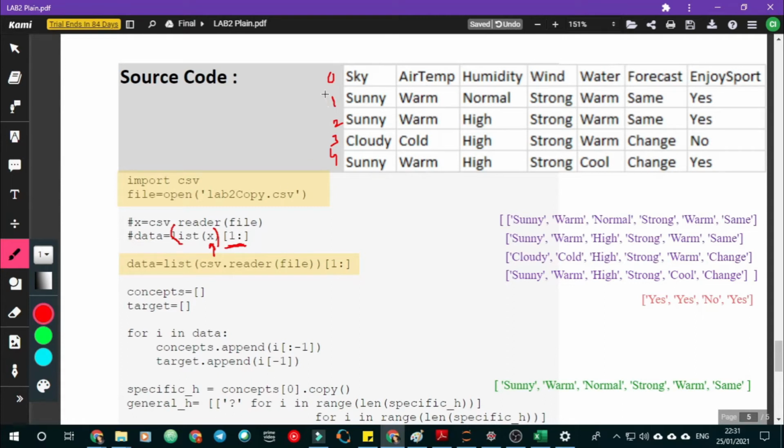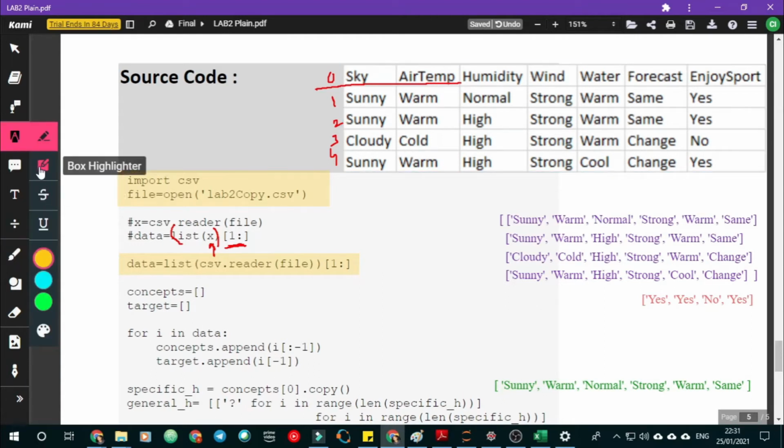From first index, means I am skipping the attribute part. Clear? I am skipping the attribute part like this. In the earlier program, what I did was data.pop of 0. You can do that also, but you can do this way also.